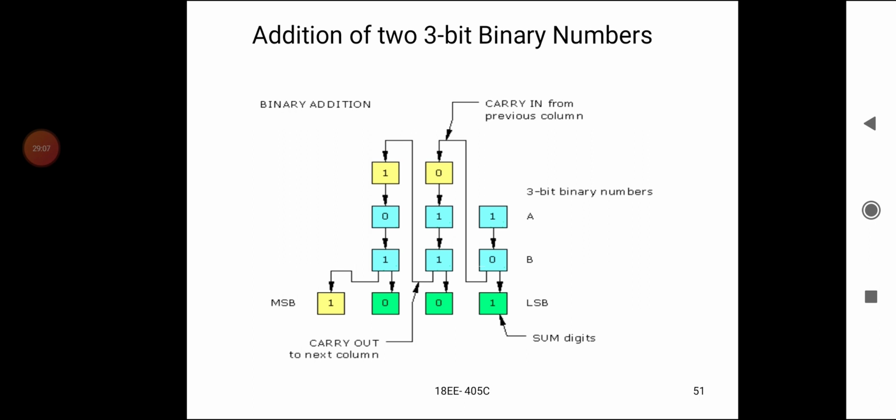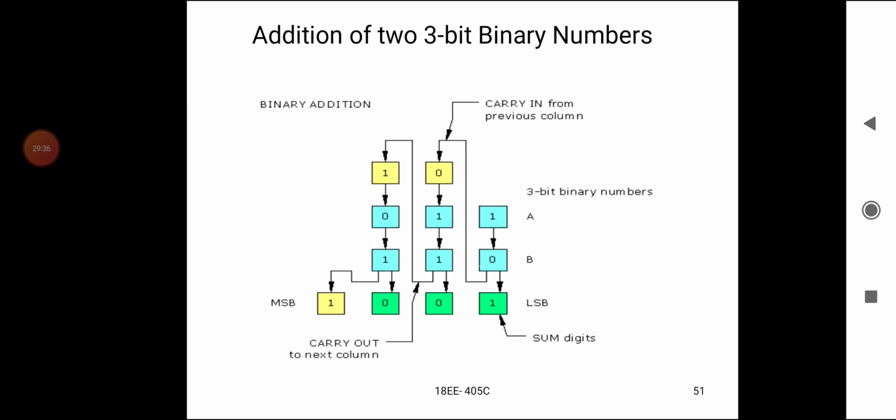When you are adding A and B, we'll get sum as 1 in the LSB, and carry is 0. The carry is forwarded to the next higher significant bit, to the left side, carried into the previous column.